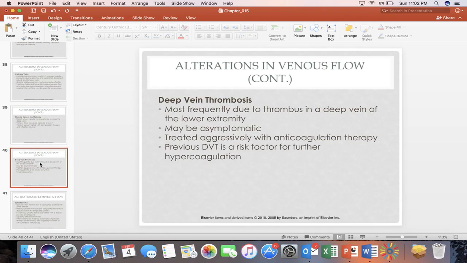Deep vein thrombosis, also known as DVT, is most frequently due to a thrombus in a deep vein of the lower extremity. It may be asymptomatic. It is treated aggressively with anticoagulant therapy. Previous DVT is a risk factor for further hypercoagulation.